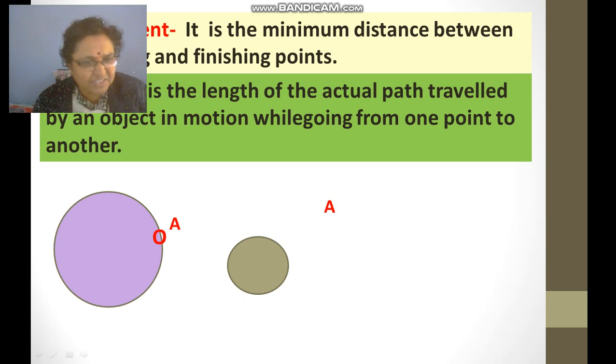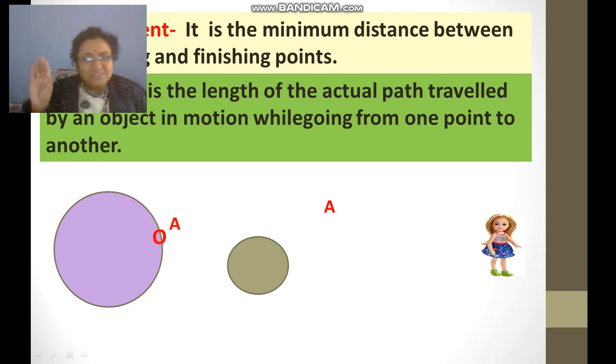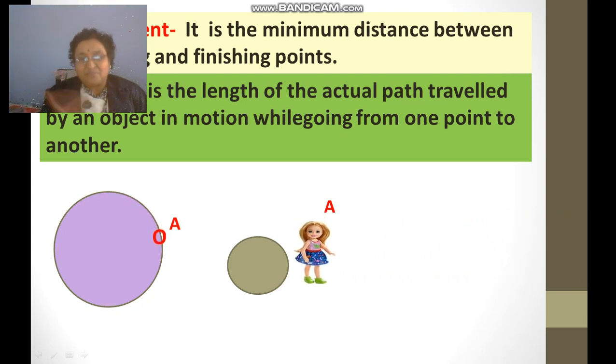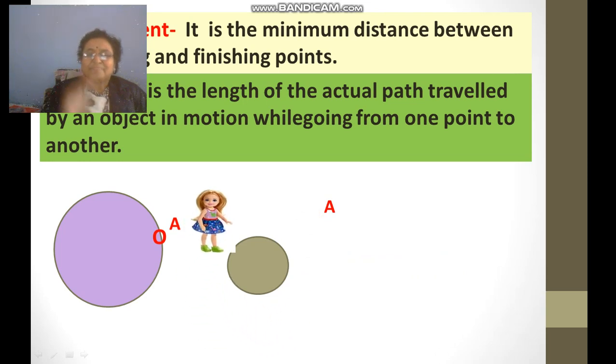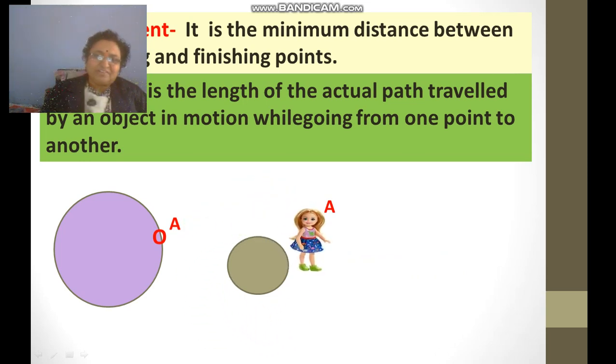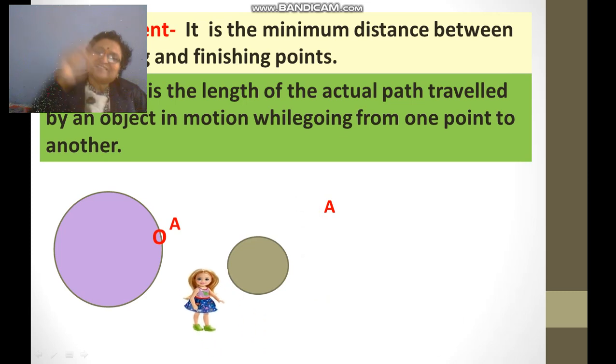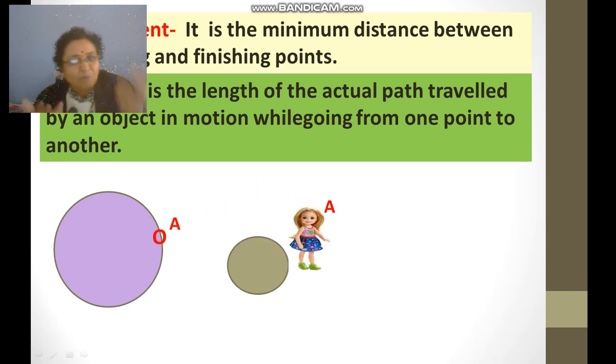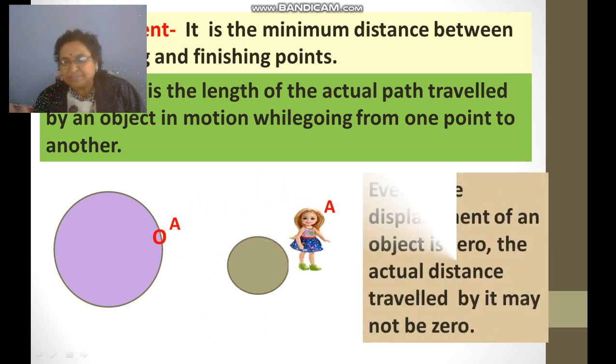Let us see in this picture, we can observe the difference between displacement and distance clearly. How? Let us see. The point is starting from A, comes again at A. Again see, starting from A, comes again to A. Here also the doll is coming. See what is the doll doing? Reaches again up to A, reaches up to again A. Means in both the cases the displacement is 0.